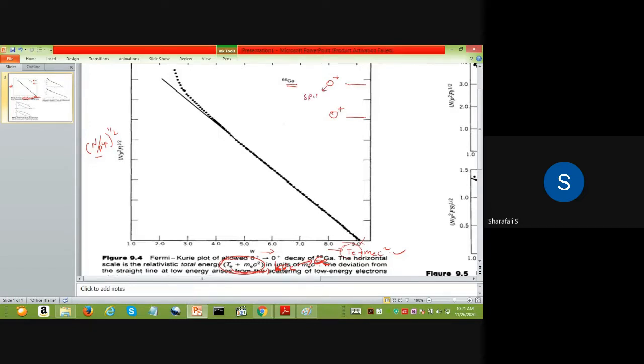spin of 0, the nuclear spin with spin 0, and parity, this plus is parity, parity is positive. So if this transition is happening from 0 plus to 0 plus, when that happens, then you will be having this beta decay, which is happening in this particular case.